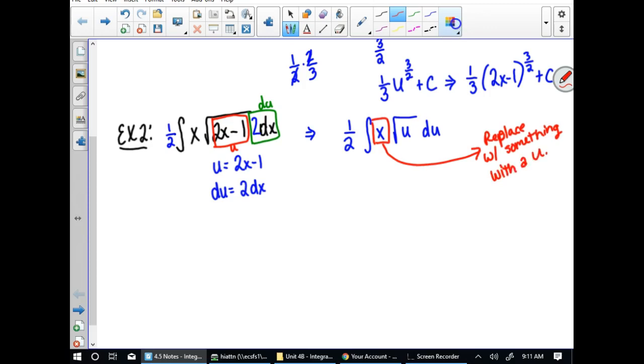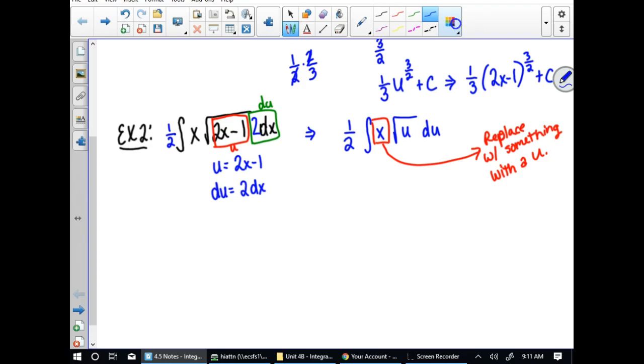It's got to turn to some sort of u, or we can't integrate this. So although this problem almost looks like the one before, it's very different, and it cannot be done the way we've been doing. We've got to do something different.